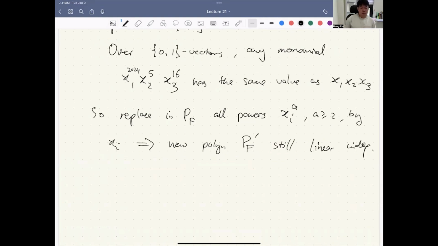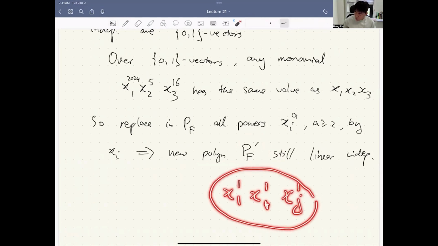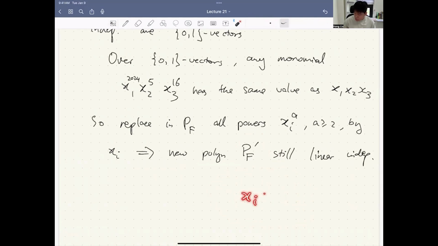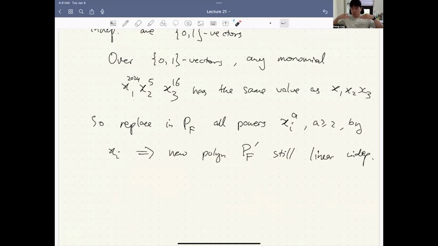Okay, so what's good about this new set of polynomials is that in every monomial appearing in it, all the powers are 1. So for the number of monomials we need, you just need to see which indices appear. And the number of coordinates that appear is at most p minus 1 because it's degree p minus 1. Multilinearization does not increase the degree, so still degree at most p minus 1.